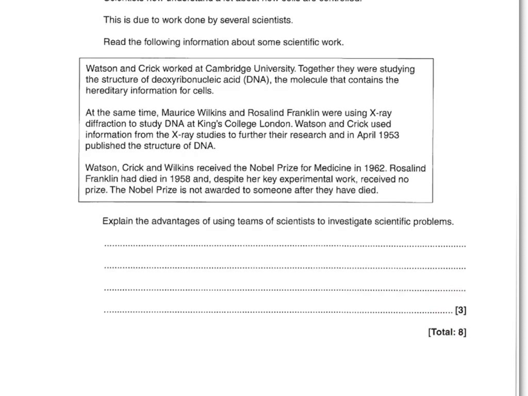So you could have said that other scientists can build upon their results, so they can develop their ideas quicker. Now that'll get you 2 marks, 1 for saying other scientists can build upon their results, and 1 for saying that their ideas can then develop quicker. You could also say that other scientists can repeat or test the work.